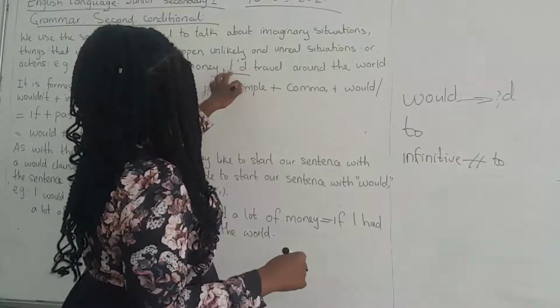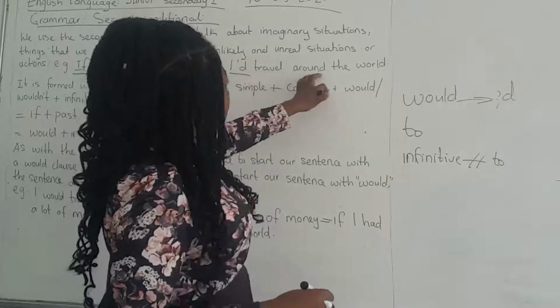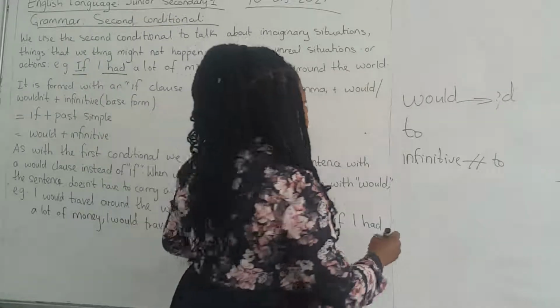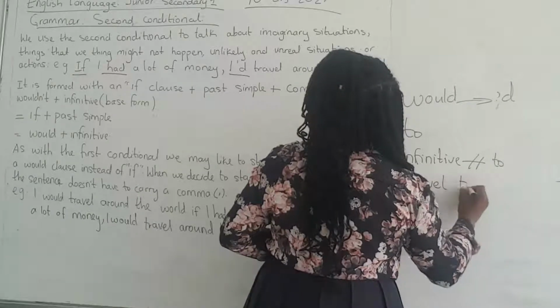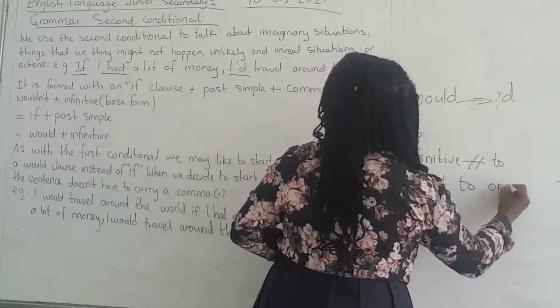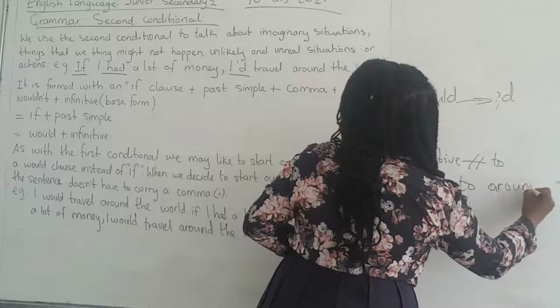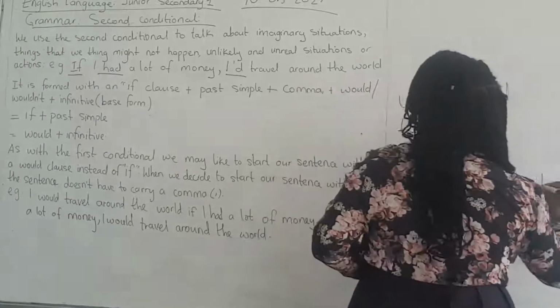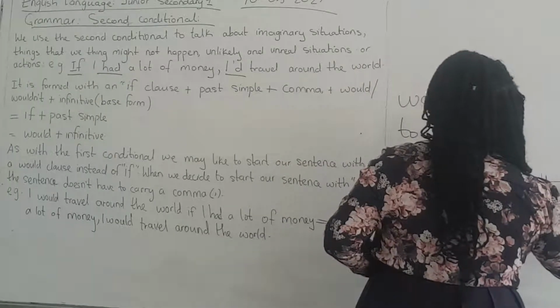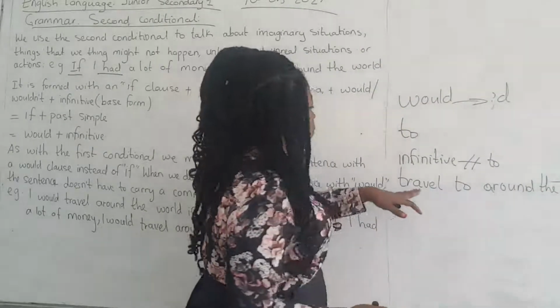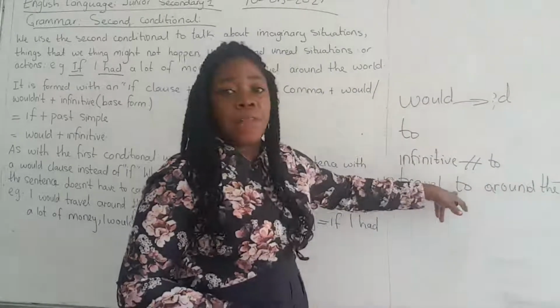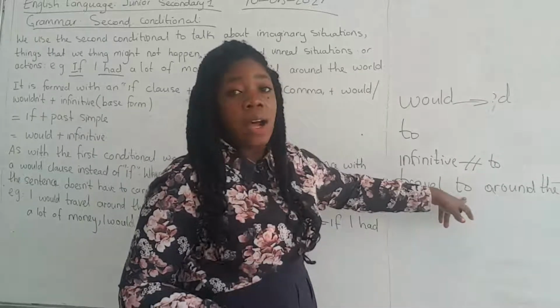So we say I'd travel around the world, not I'd travel to around the world. If you put to after the infinitive, you are wrong.